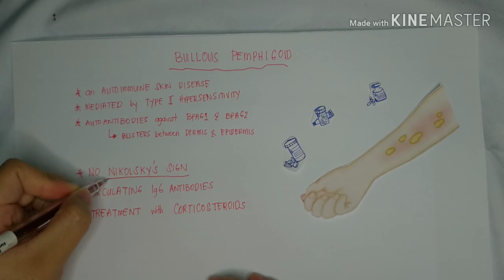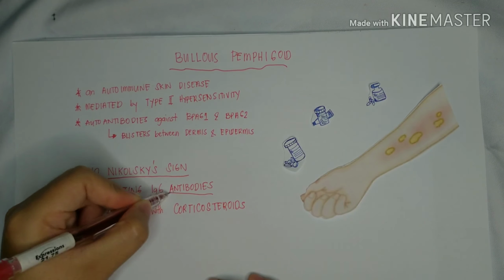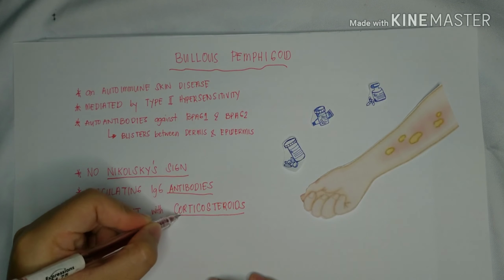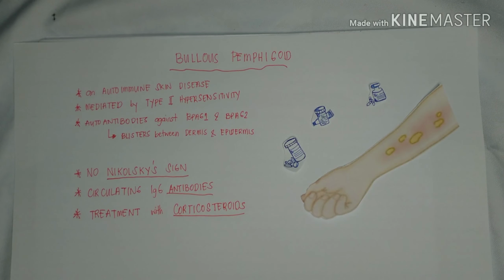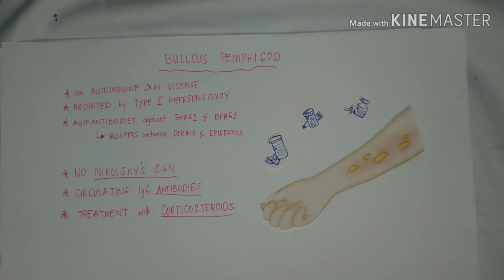There is no Nikolsky sign, however, but there are circulating IgG antibodies. And this condition is usually treated with corticosteroids.